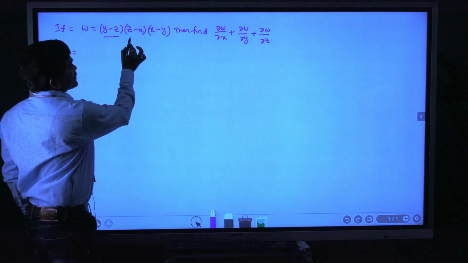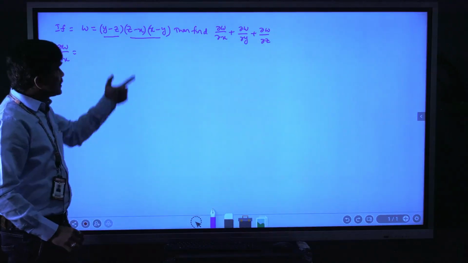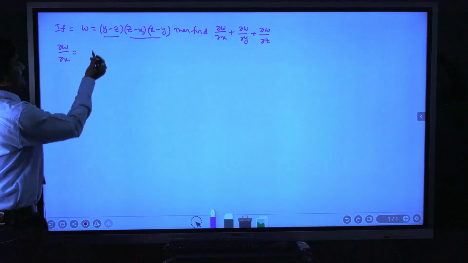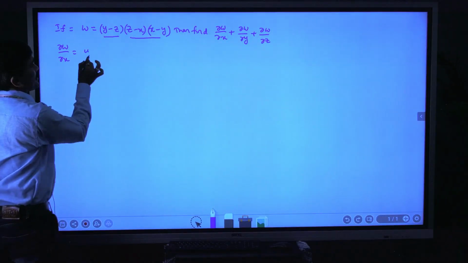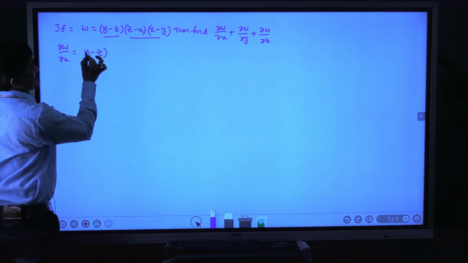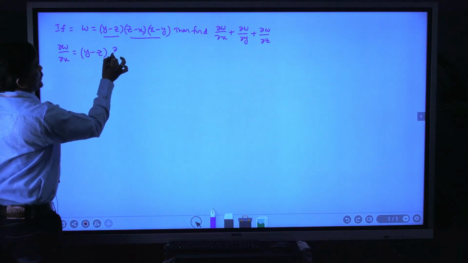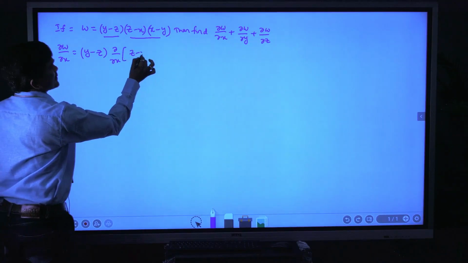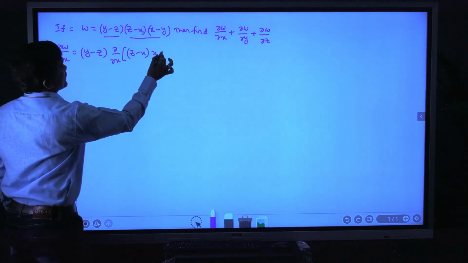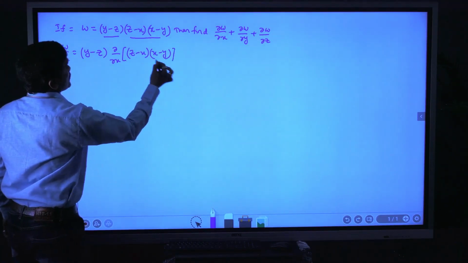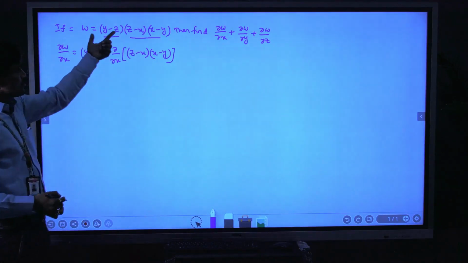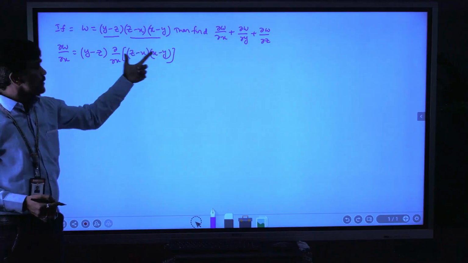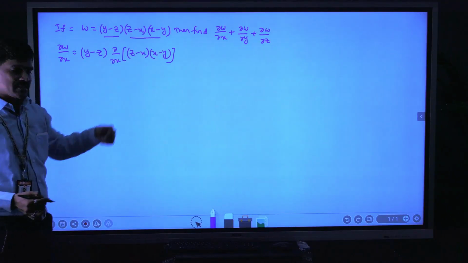So this is the function, and in this we have the x variable. So we write y − z as it is, and then the derivative of (z − x)(x − y). In there, y − z has no x, so that's why it is a constant.